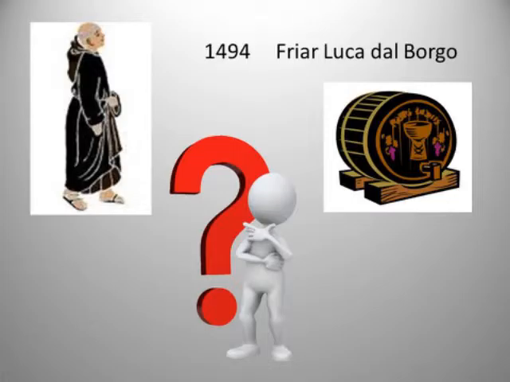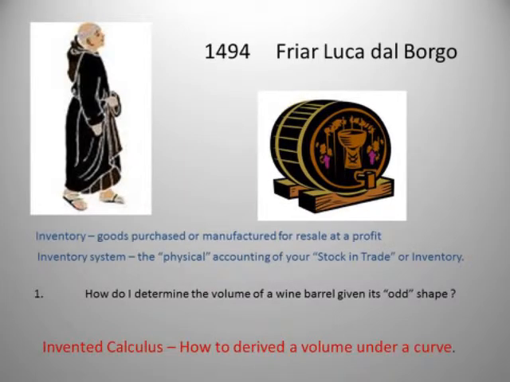and he had two problems. The first problem was that a wine barrel is not an exact cylinder. In actual fact, it's sort of bloated. How do you work out the volume mathematically of something like that? Well, he thought about it for a little while, and he decided you could derive the volume from the mathematical equation of the curve of the barrel.